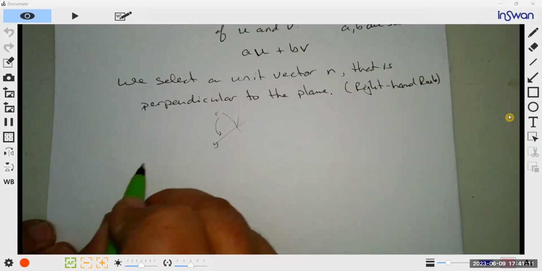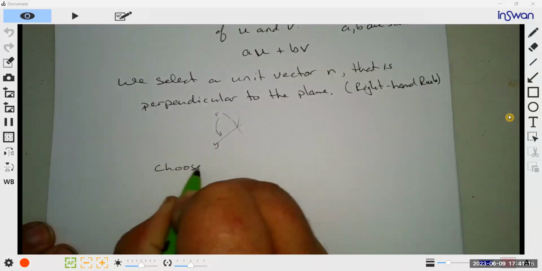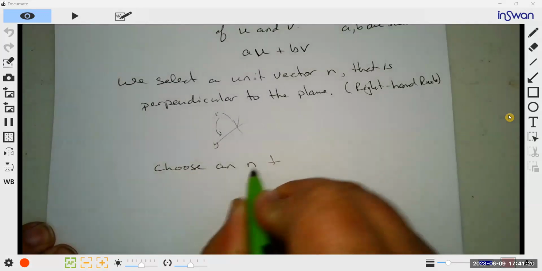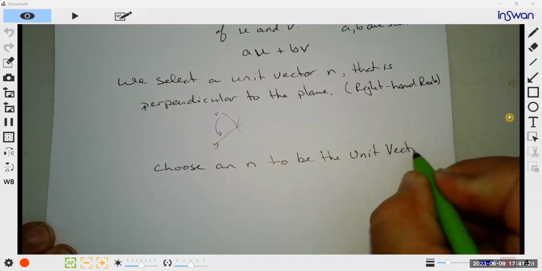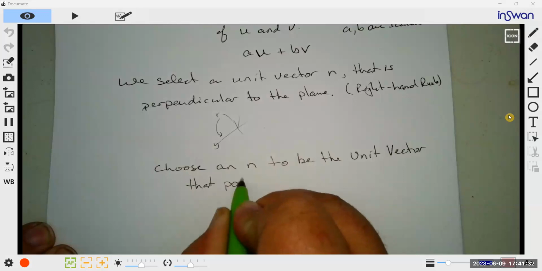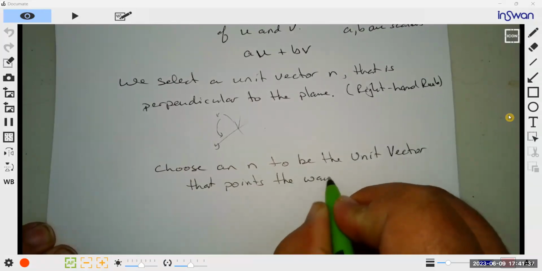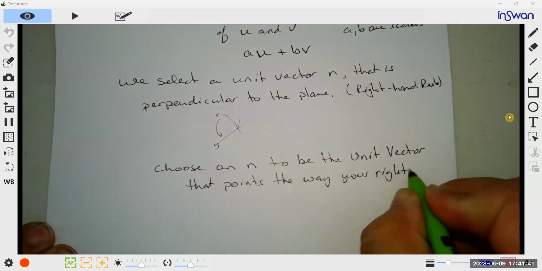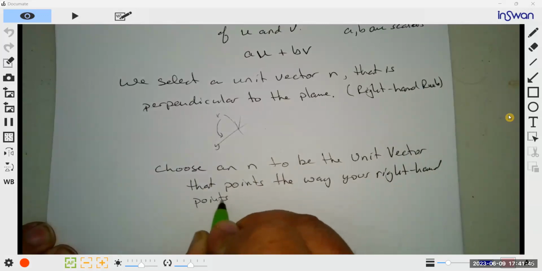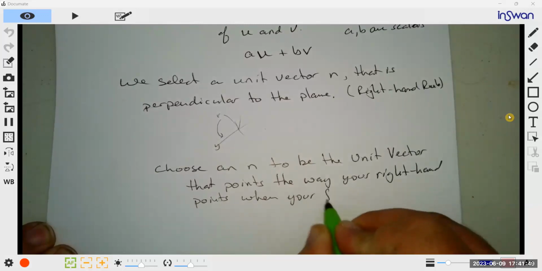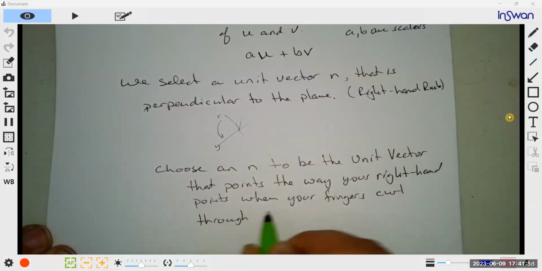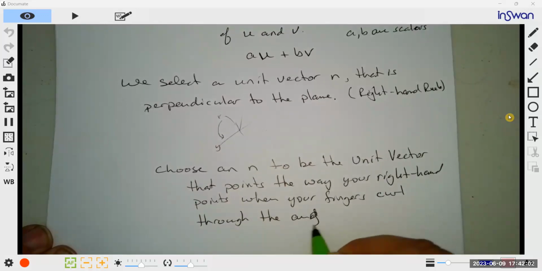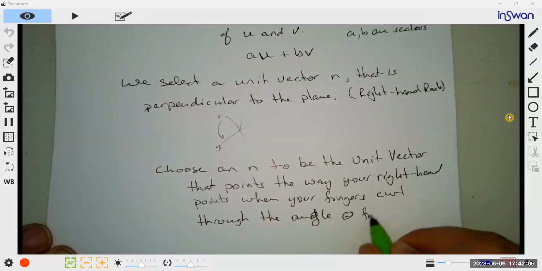How do we do this? We choose an n. Remember, n is our normal vector, to be the unit vector that points the way your right hand points when your fingers curl through the angle theta from u to v.